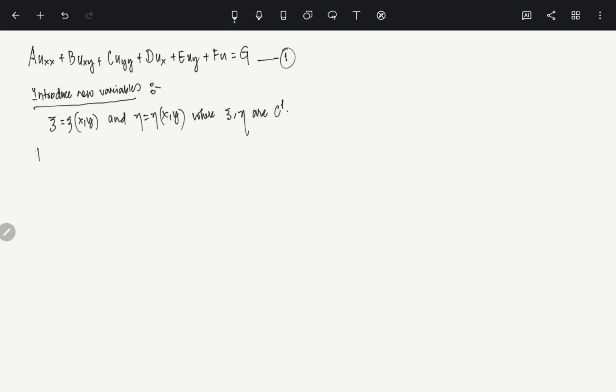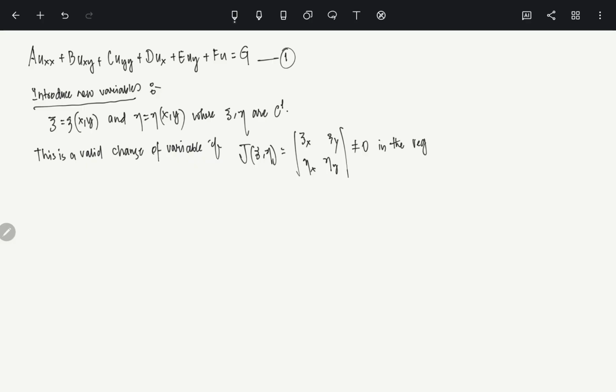Now, this is a valid change of variable if you see the Jacobian matrix of xi and eta: xi x, xi y, eta x and eta y. This Jacobian is non-zero in the region under consideration.